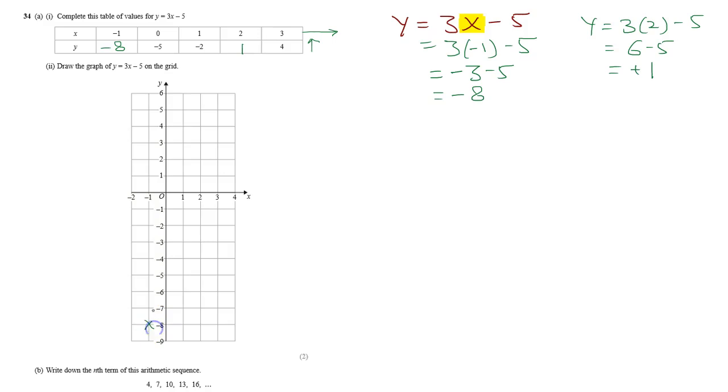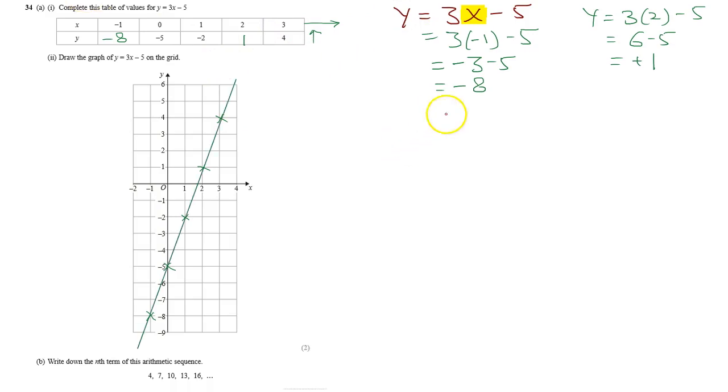So this is the point. 0 and -5, now x is 0 and y is -5. 1 and -2. 2 and 1, x-axis 2 and y-axis 1. 3 and 4. So this is the graph of this equation, y is equal to 3x minus 5. Now part B.